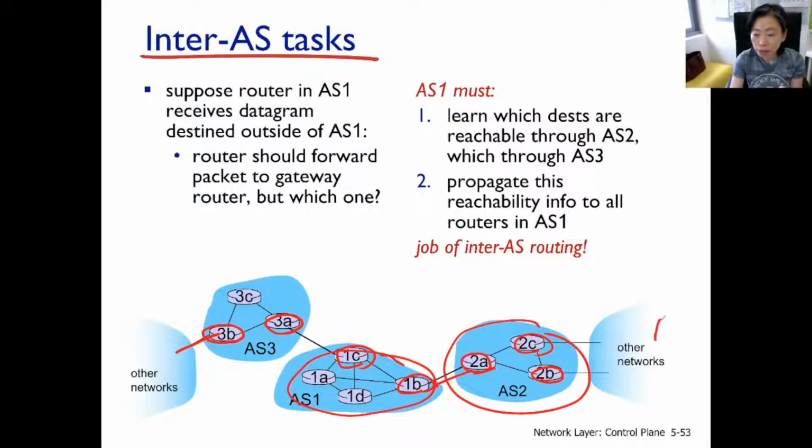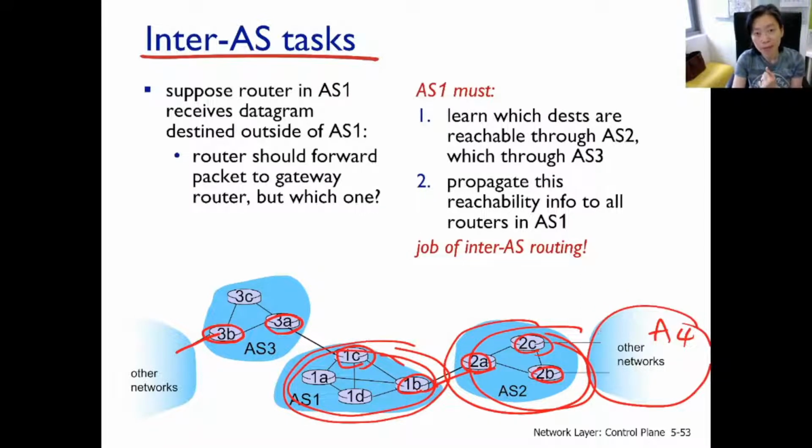Now, if there's another AS here, AS4, for example, then the shortest path might be to go from AS1, AS2, and then AS4. So these gateway routers will maintain the shortest path, but in terms of the next AS to the destination AS, the next AS to the destination network. We might have another AS here, AS5. Then the shortest path from AS1 will be AS1, AS3, and then AS5.